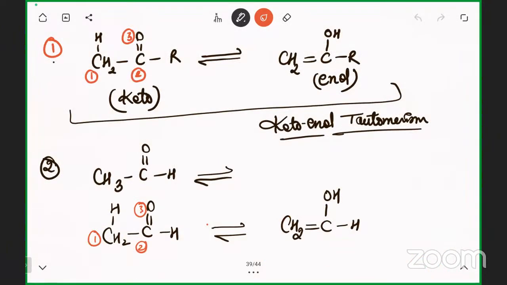In this particular example, we are forming the keto and the enol form. In the first form, there was 1, 2, 3, and from the first to the third carbon, there was a transfer of proton. So we are saying the keto form is converting to the enol form. That's why we are considering it as keto-enol tautomerism.